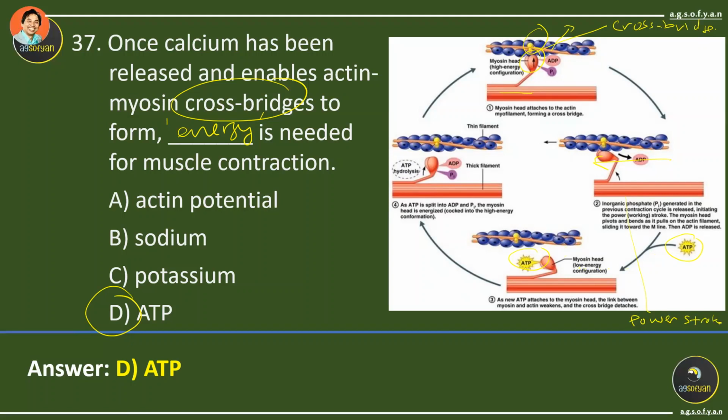And then in order to detach the actin, in order to relax, another ATP has to come and bind to this myosin head. So this is detachment. The myosin head will detach from the actin and release it, causing relaxation. So relax, and this is contract over here, when the actin is pulled by the myosin head. That's the cycle of muscle contraction.